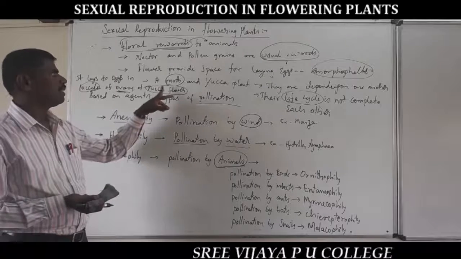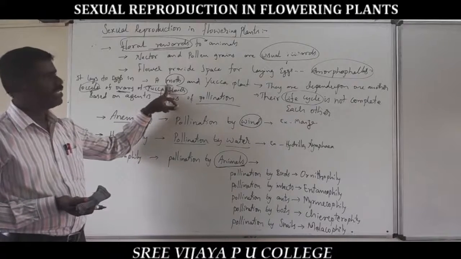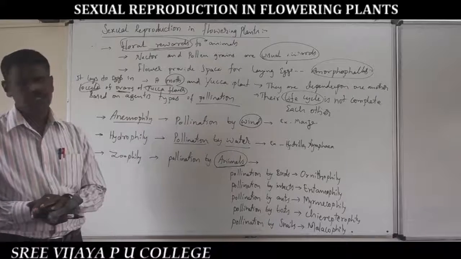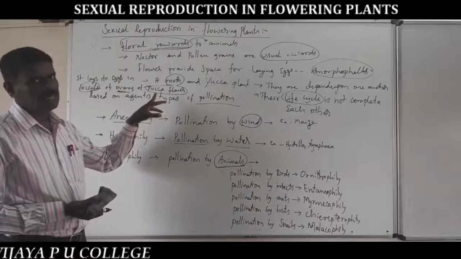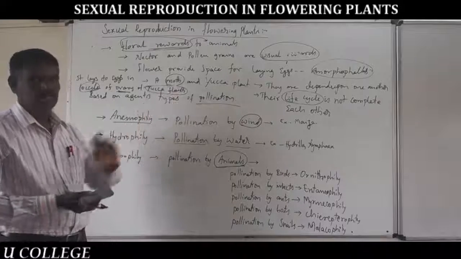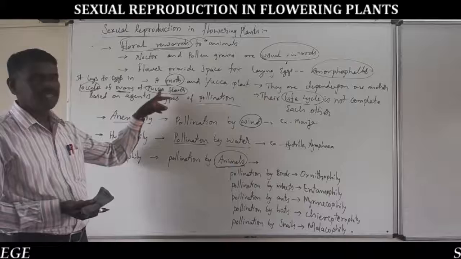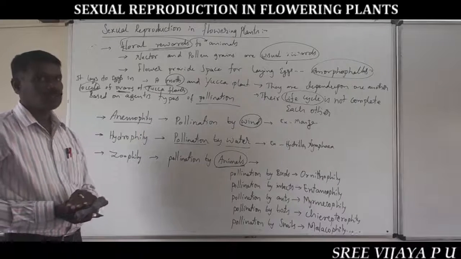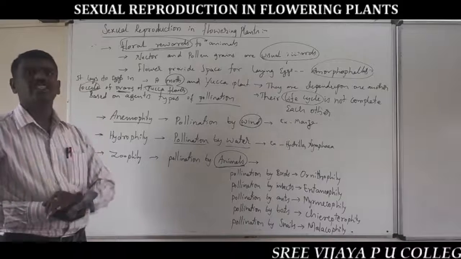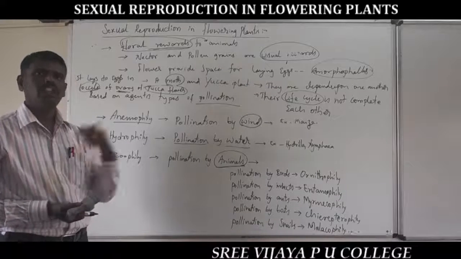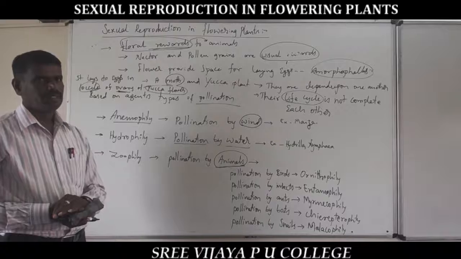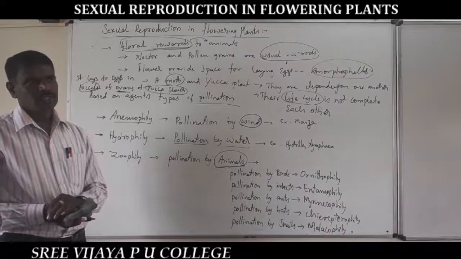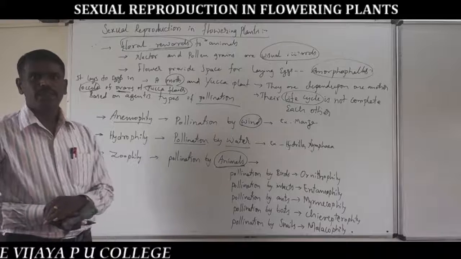The moth lays its eggs in the locule of the ovary of the yucca flower, which is the benefit to the moth. The yucca plant also benefits: when the moth lays eggs in the locule of the ovary it carries pollen, so the moth helps pollinate the yucca plant.